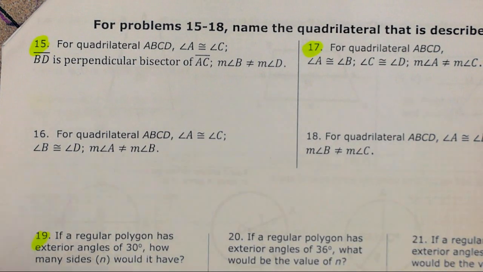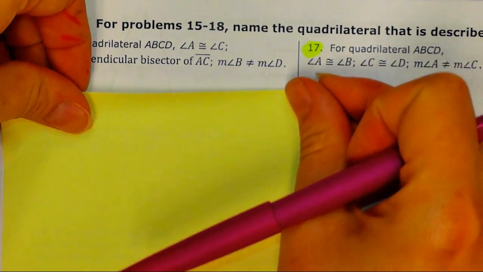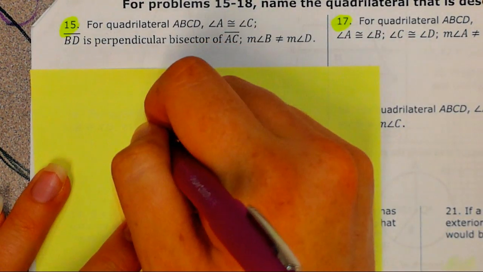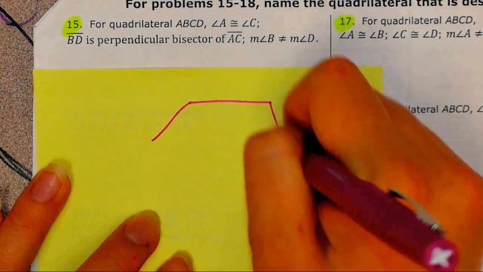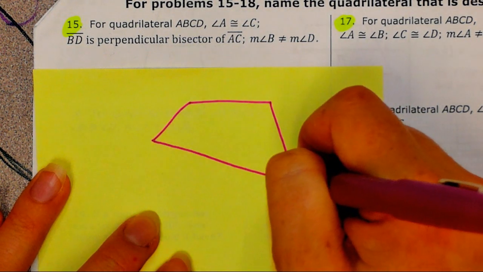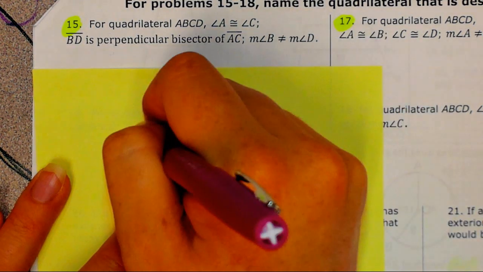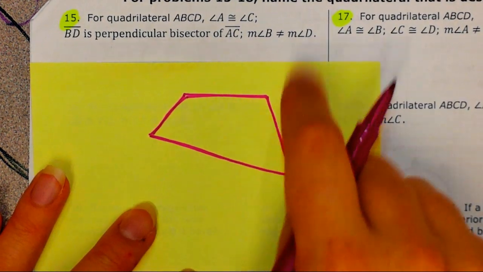Now, what I suggest when working a problem is just drawing any old four-sided shape. Now keep in mind that this is not what this shape looks like.